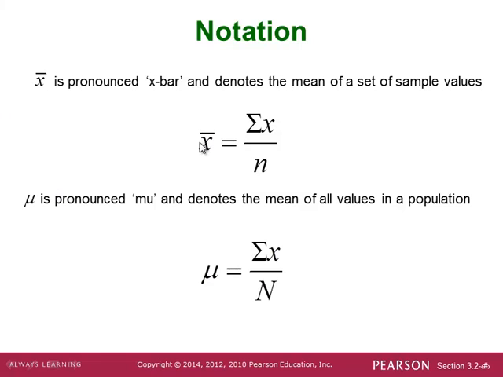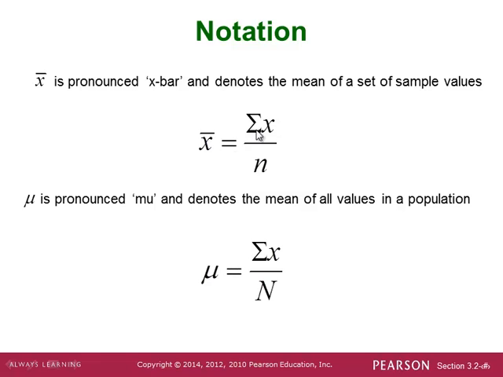Now, look, I happen to think that one of the hardest parts about learning mathematics is learning the language, learning the notation. When we say x bar here, we have this x with a little bar, or a little line segment over the top.